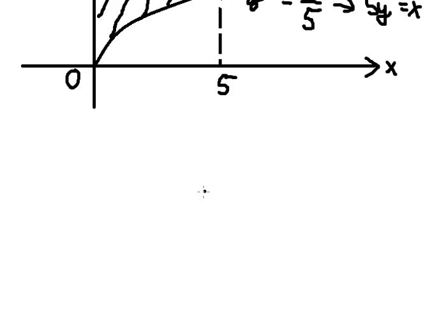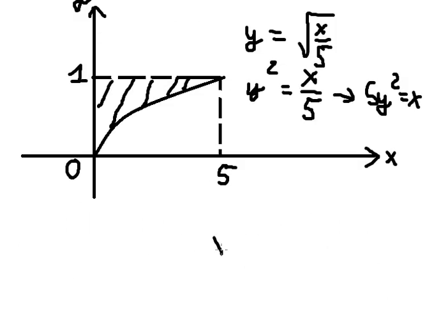Now because we change for s, we can see that s is between 0 and 5y squared.